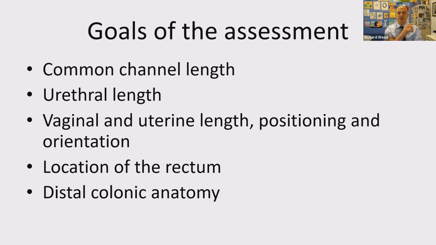And then we also need to know the distal colonic anatomy. How much colon do we have from our mucus fistula that will allow us to do an effective pull-through? If we can get all that information from our assessment, then it makes it possible for us to understand how difficult this is going to be to reconstruct, what techniques to use, and set us up to be successful.